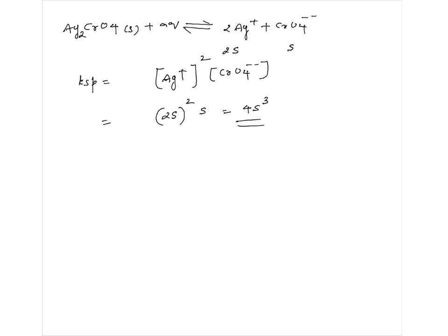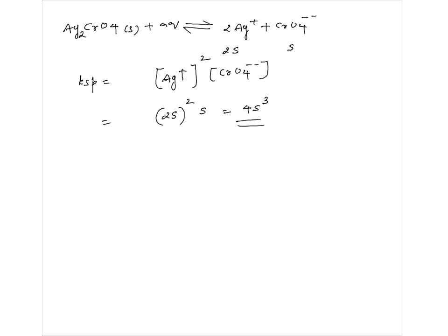Now, Ksp is fixed at a particular temperature. If you somehow increase the concentration too much for that temperature, Ksp has a fixed value at a certain temperature, right?